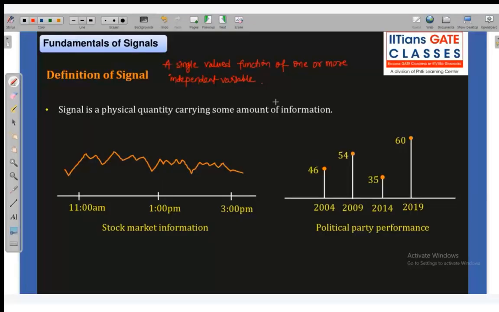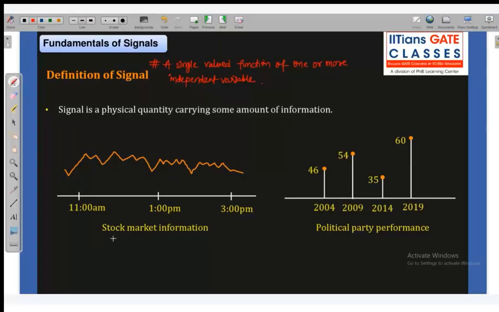A signal may also be defined as any physical quantity that varies with time. This is one of the ways of representing the signal. You can explain signal as nothing but a physical quantity which carries the information. You can explain it as a single valued function of one or more independent variables. You can also say signal may be defined as a physical quantity that varies with time.